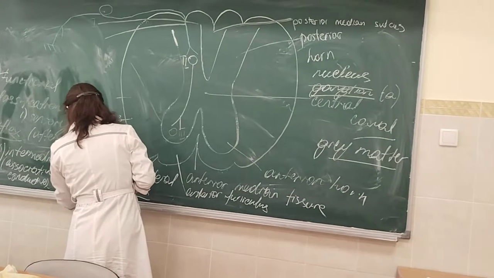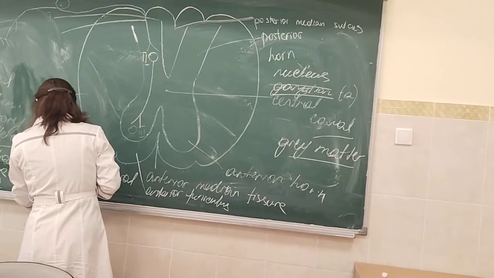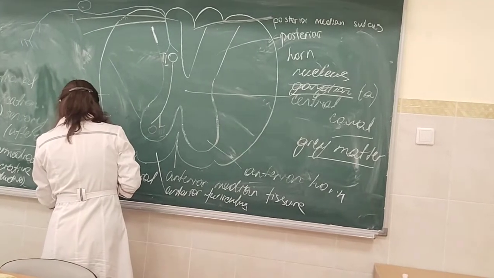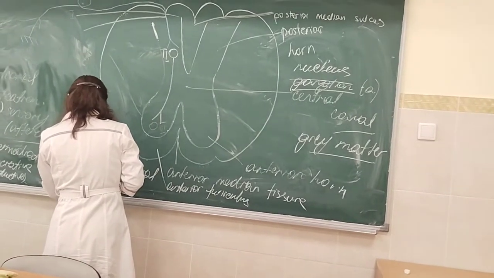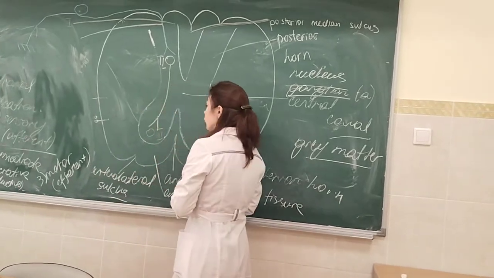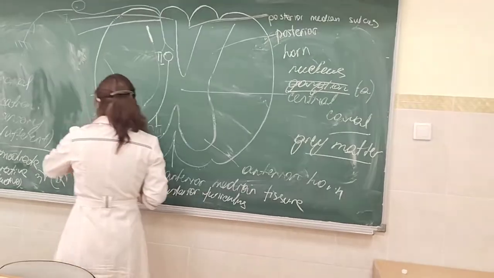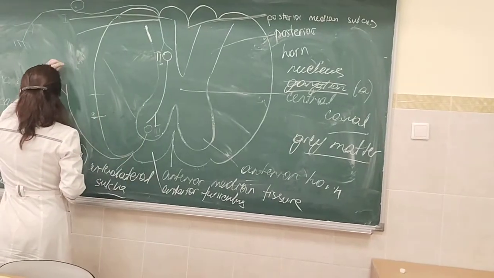So the third functional type of neuron is motor or efferent neuron. And then axons of third order neuron leave through anterolateral sulcus and reach target cell.